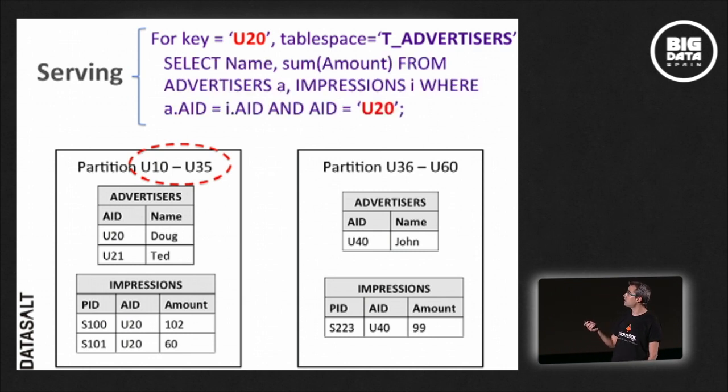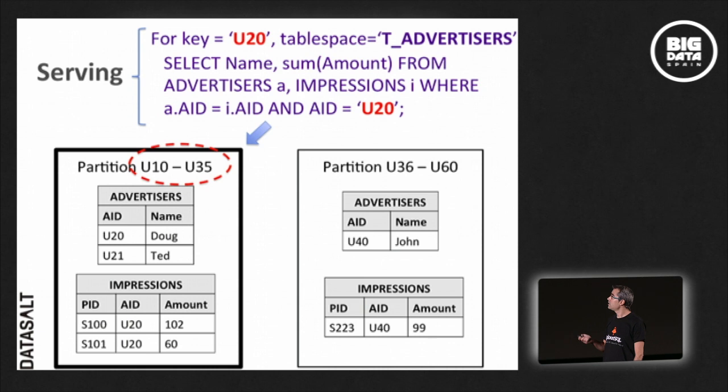For example, in this particular case, I'm just getting the name and the sum of the amount for the U20 user. You can see that we are doing a join between two tables. And just by giving that to Splout SQL, the query is going to go to the first partition, and the answer is going to be provided to you.